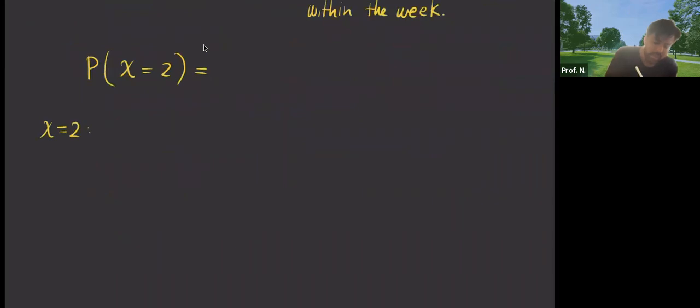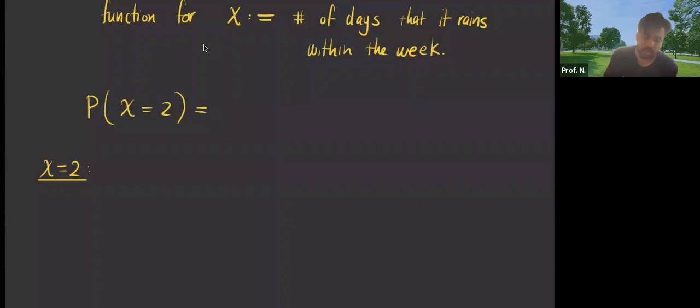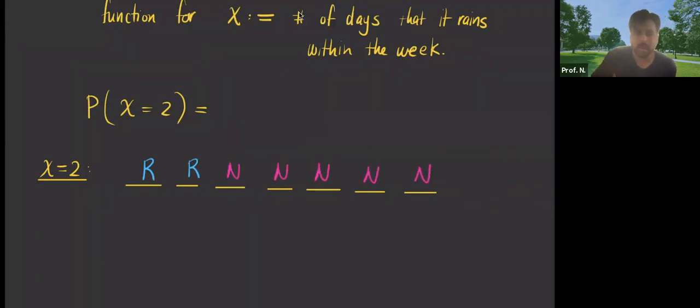What does that represent in the sample space of this probability experiment? Well, I can say each slot represents a day. So I got 1, 2, 3, 4, 5, 6, 7. What's one configuration of having 2 days of it raining? Well, I can have the first 2 days rain, and then the next 5 days, no rain. I'm going to call N being no rain.